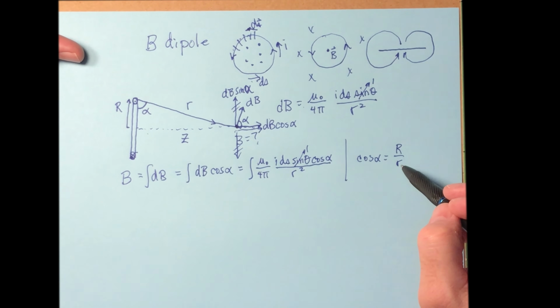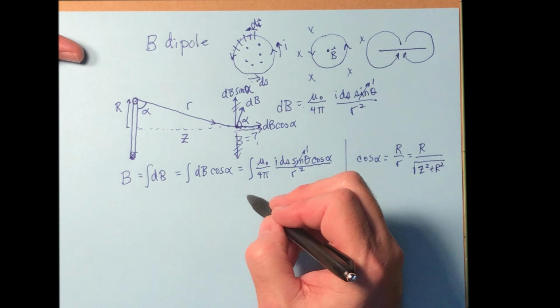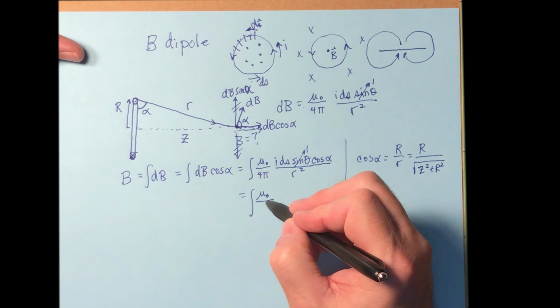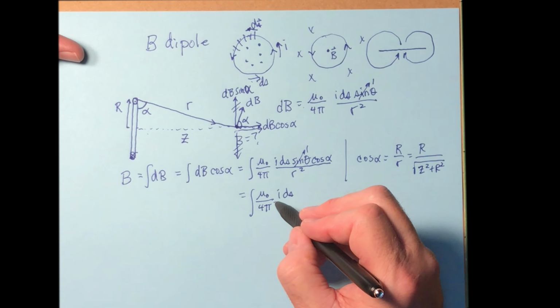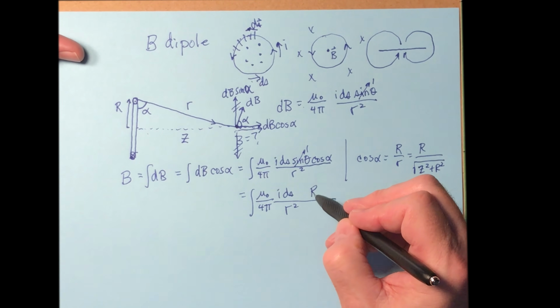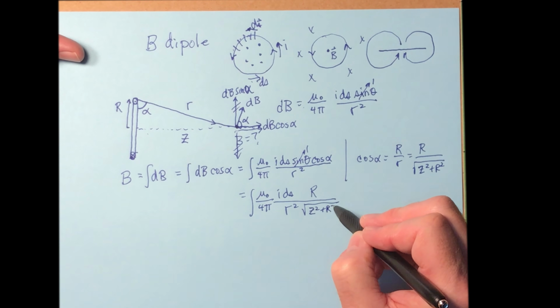And little r we can write as the square root of z squared plus big R squared. So we can plug that in here, and this becomes integral mu naught over 4 pi I ds over r squared times big R over the square root of z squared plus big R squared.